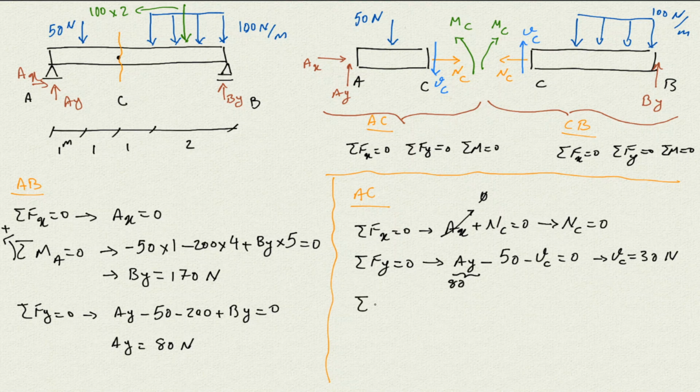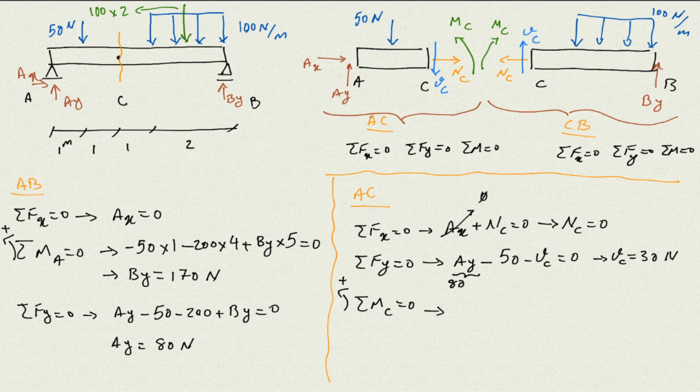So if I write moment about point C, and consider counterclockwise positive, this NC doesn't have any moment because it goes through point C. The VC doesn't have any moment because it goes through point C. The Ax is also going through point C, so it doesn't have any moment. So only the Ay, the 50, and the MC would be considered.